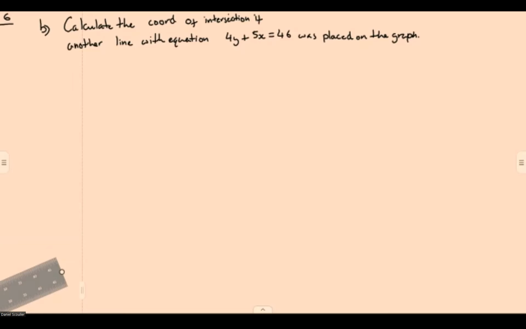So this is a simultaneous equation question. We've gone from a straight line question straight into a simultaneous equation. Now really importantly, there's going to be some questions like this in your exam, usually towards the end, the more difficult ones. When you get given a proof question, very often there'll be a follow-up question like this.